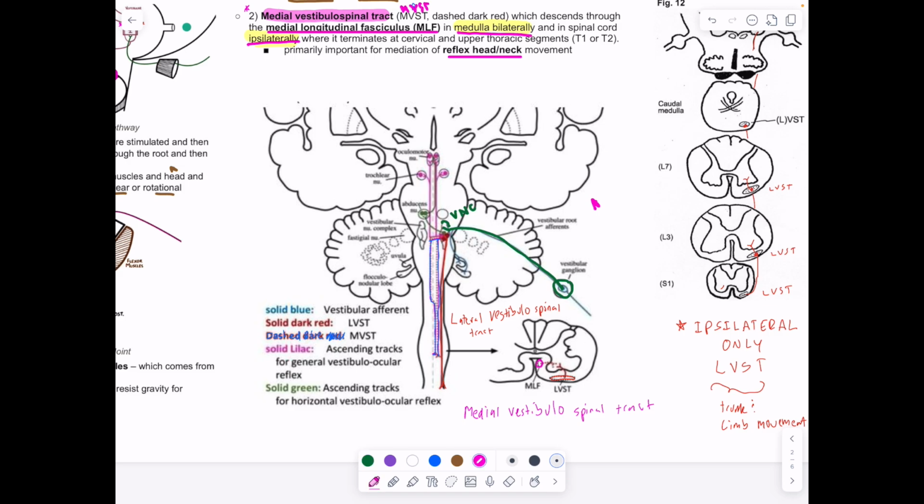So this one right here is our medial descending pathway, and you can see that it goes bilaterally, and it's going to descend bilaterally inside of the medial longitudinal fasciculus. All right, MLF. Okay, then we have the lateral vestibular tract, which is coming down laterally, and it is the lateral vestibulospinal tract.